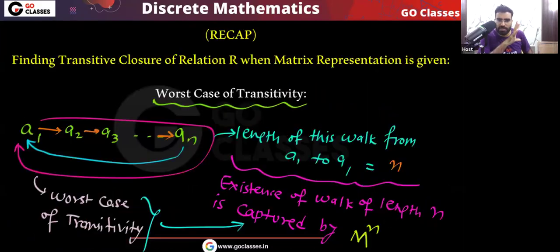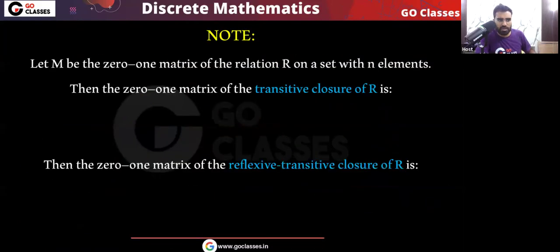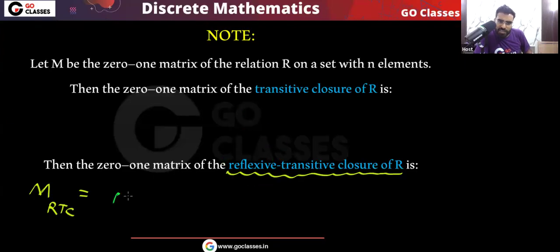So finally, if my purpose is the matrix representation of the reflexive transitive closure of R, then for reflexive, I will start with m power 0 because m power 0 will be the identity matrix. This will give me all the self loops.